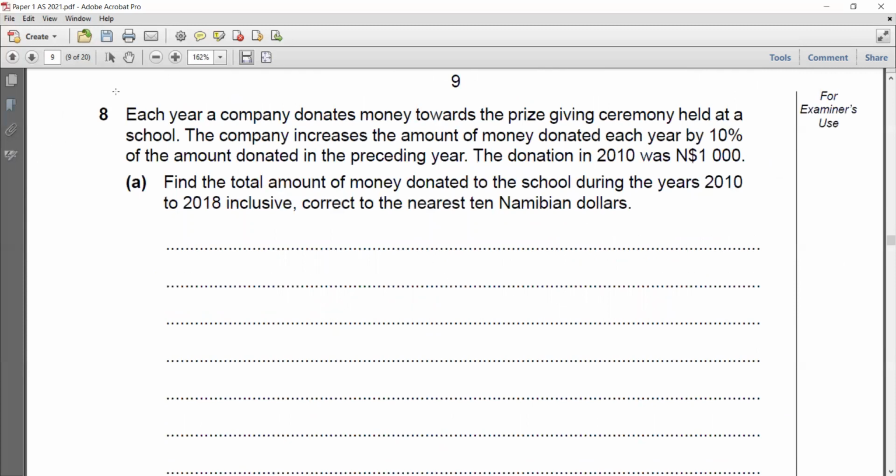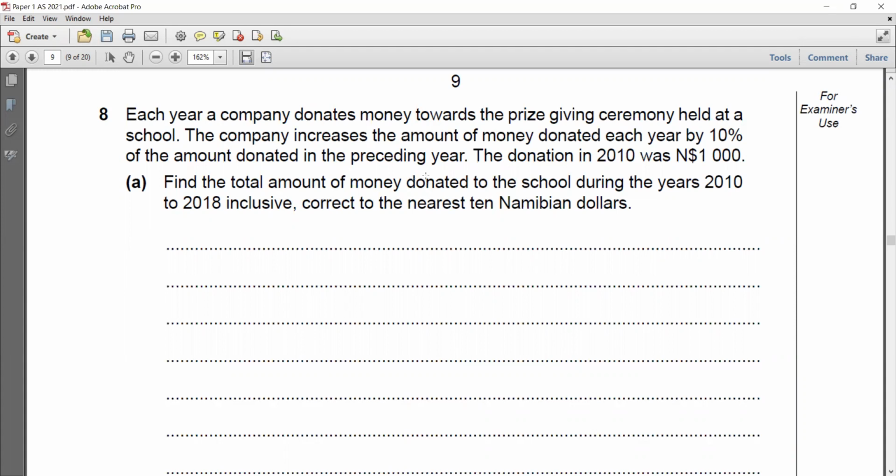So number 8. Each year, a company donates money towards the prize-giving ceremony held at a school. The company increases the amount of money donated each year by 10% of the amount donated in the preceding year. The donation in 2010 was $1,000. A, find the total amount donated to the school during the years 2010 to 2018 inclusive, correct to the nearest Namibian dollar.